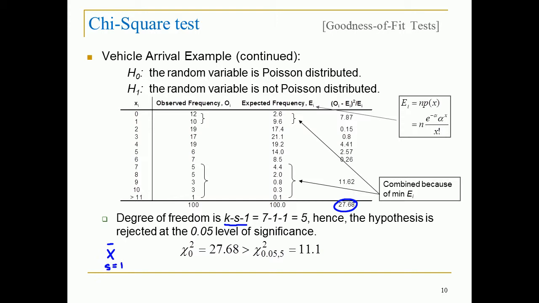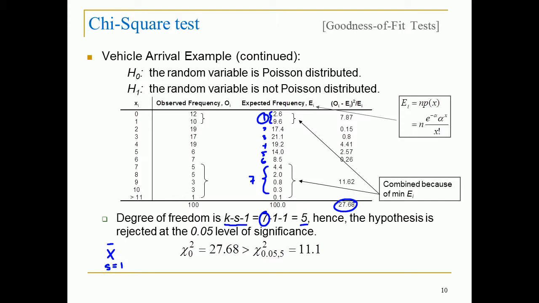So we have 7 class intervals: 1, 2, 3, 4, 5, 6, and 7. And minus 1, so we have 5 degrees of freedom.